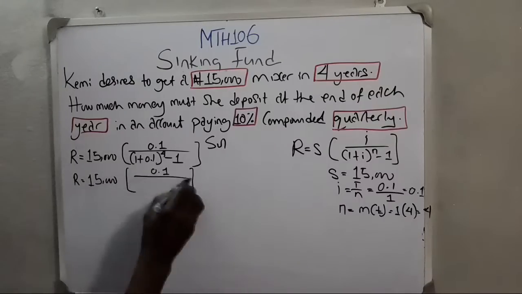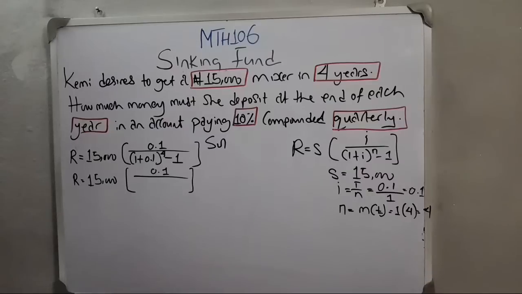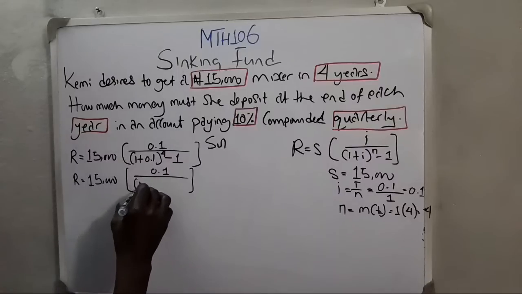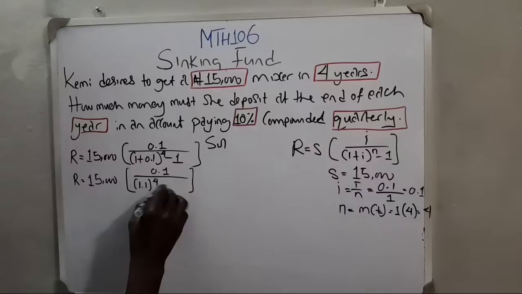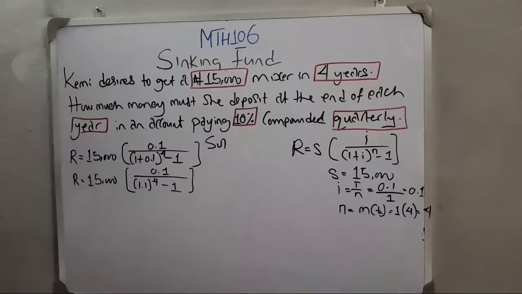Now let's take it directly. 1 plus 0.1 should give us 1.1. 1.1 raised to the power of 4, that's 1.461.